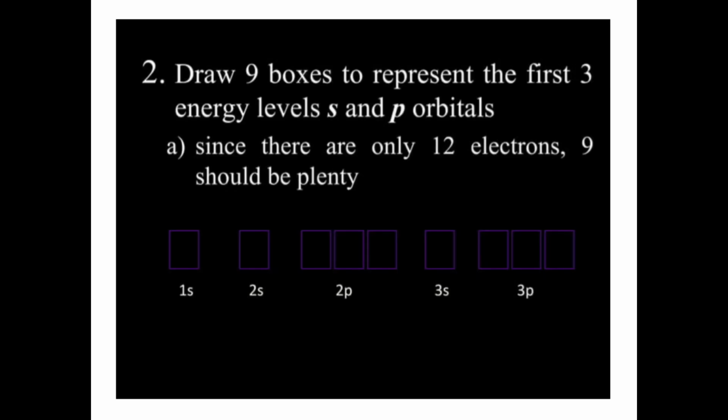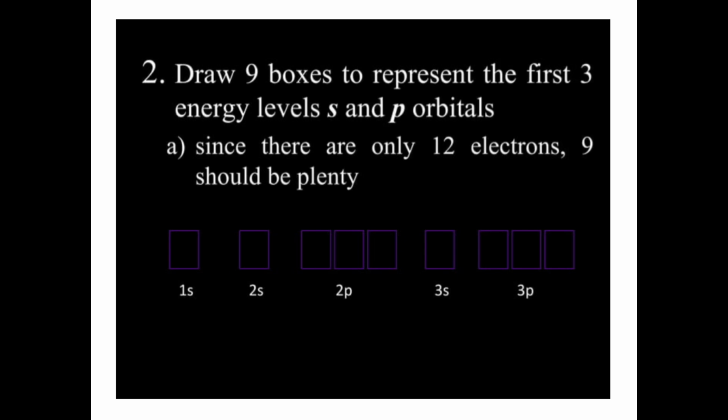Okay, so in writing for magnesium, we can draw 9 boxes to represent the 3 energy levels. Don't forget that magnesium, since it has atomic number 12, is in group 2 of the periodic table, which has the s and p, and is in period 3.